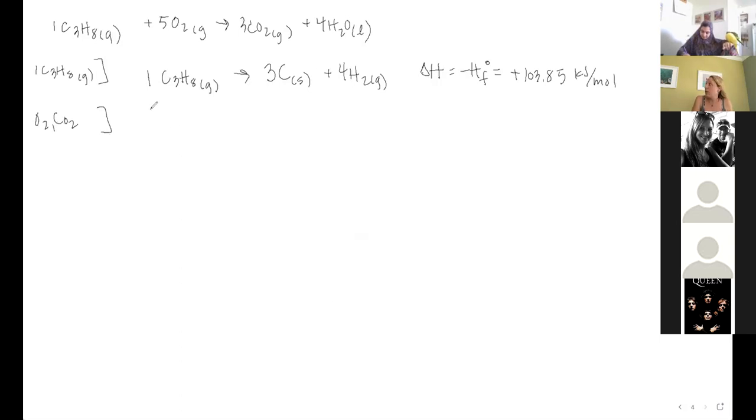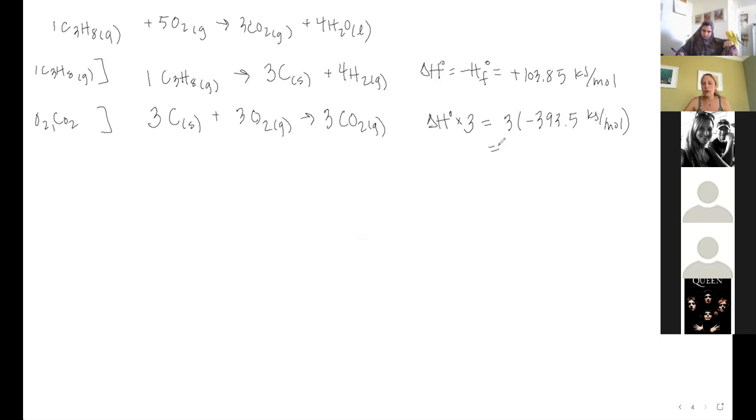When I multiply that by 3, I have 3 moles of carbon solid plus 3 moles of oxygen gas, resulting in 3 moles of carbon dioxide gas. And my delta H here, I need to multiply by 3, which is going to give me 3 times negative 393.5 kilojoules per mole.